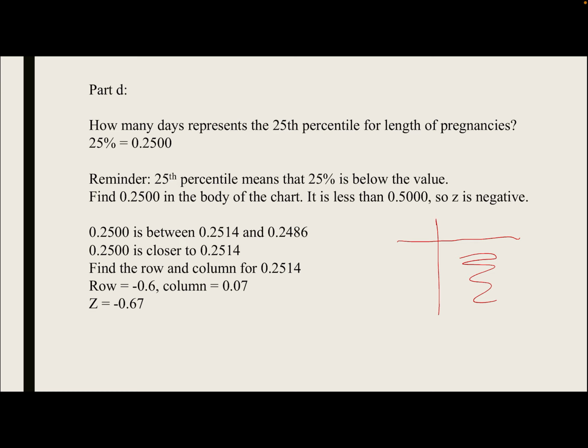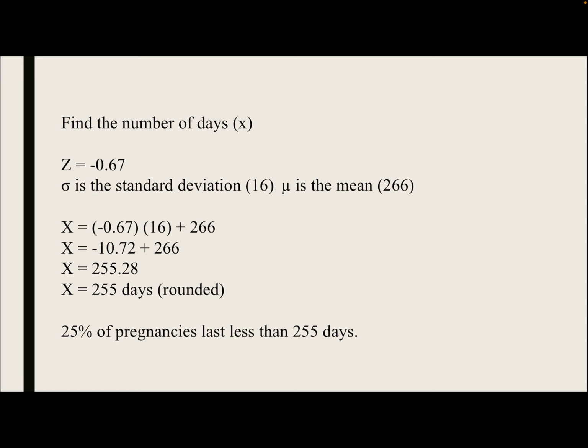Find the row and column, and you'll see that z is on negative 0.6 row, column 0.07. z equals negative 0.67. Find the number of days. Use z equals negative 0.67. Plug in the mean and standard deviation, and we get 255 days. 25% of pregnancies last less than 255 days.